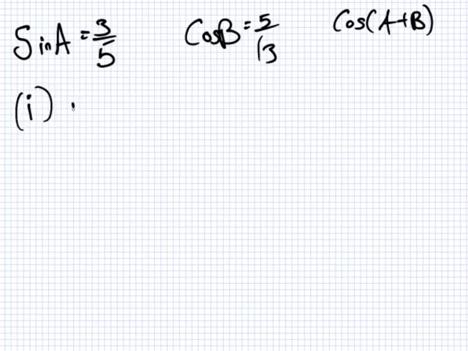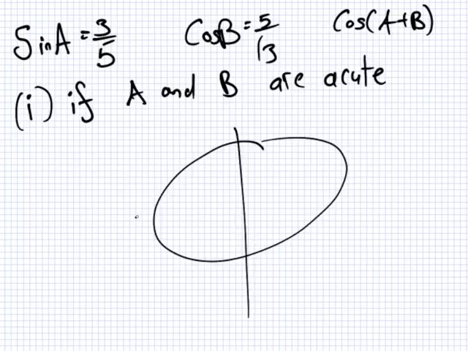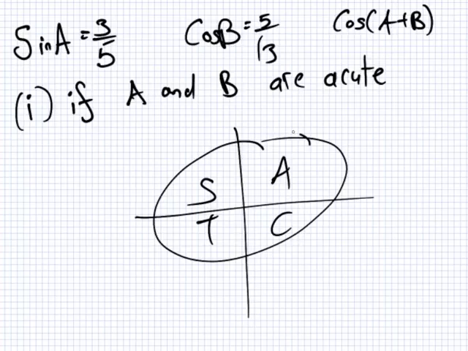Part 1. If A and B are acute. Now why do I need to tell you this? So I know they are all positive. If you look, sine A is 3 over 5, which is positive, so the angle could be here or here.